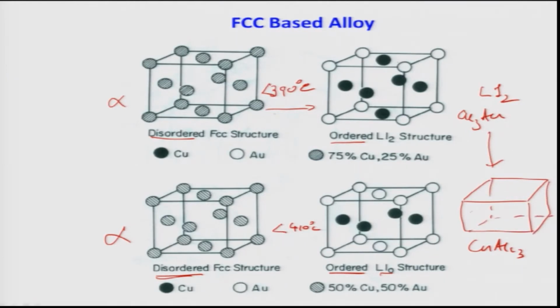All the face center cubic positions will be occupied by gold and all the corner atoms will be occupied by copper. That is the difference between Cu3Au and Au3Cu. Both are L12 ordered structures, but the occupancy of the atoms in different positions is changed.